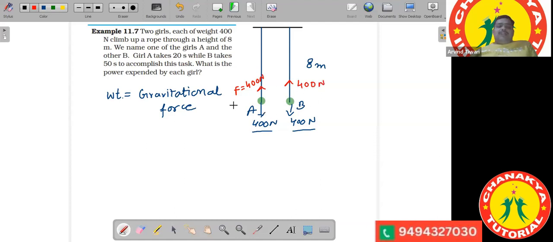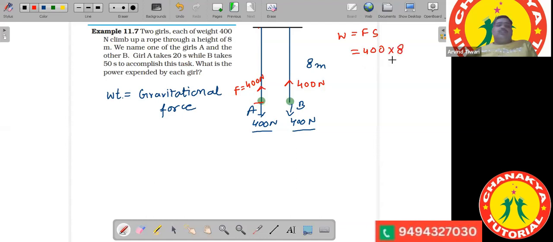I will tell you the same thing in another way also. They have to apply a force of 400 Newton and they have to cover a displacement of 8 meters. So we can calculate the amount of work done as force times displacement. The force is 400 Newton and displacement is 8 meters.